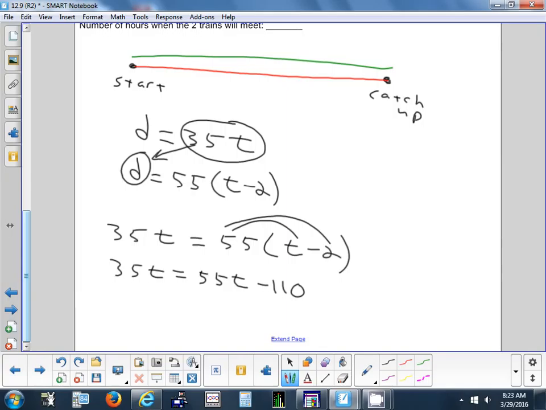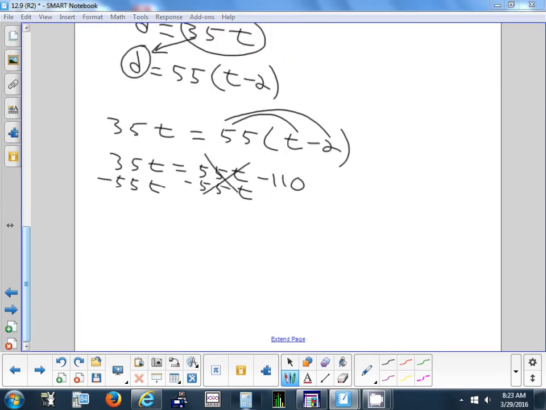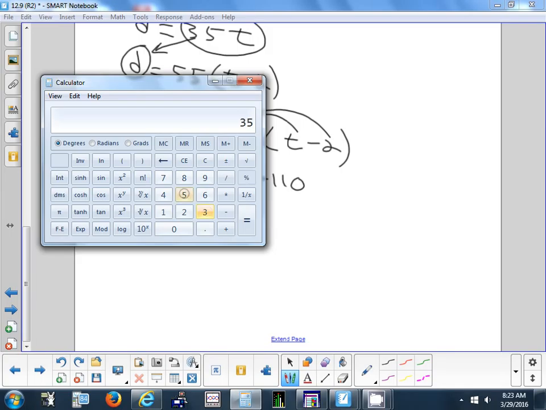Okay, next I've got the things without T on the right. I'm going to put all the numbers that have T's on the left. So Ariana, how would I move 55T to the other side? Good. I'm going to subtract from both sides. Equals negative 20. Yep, if you're not sure, you could just use your calculator, but that is correct. 35 minus 55 is negative 20.